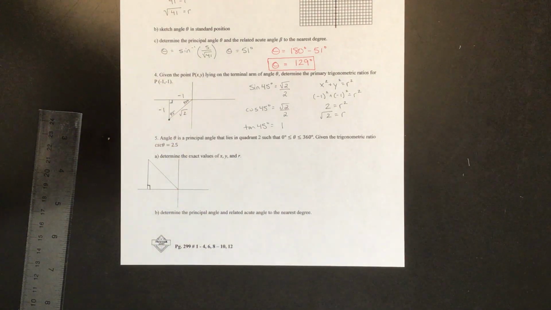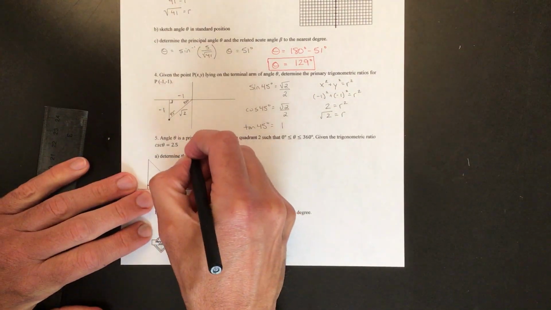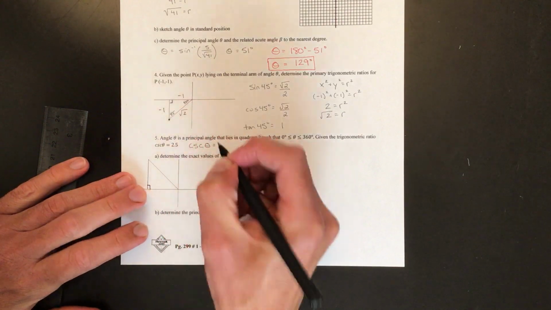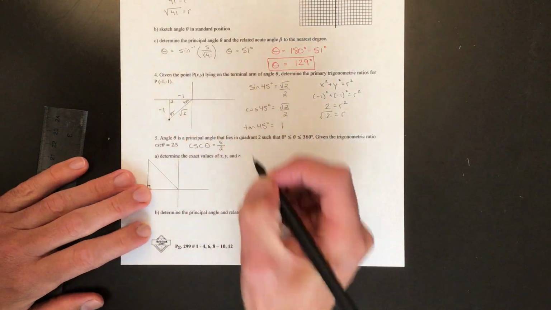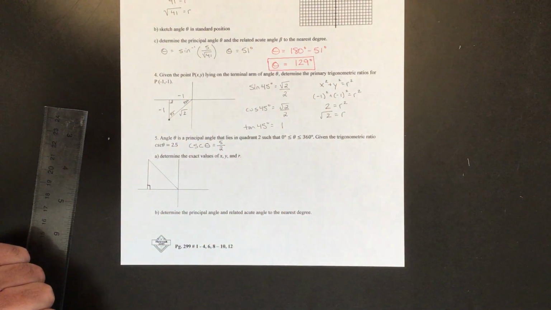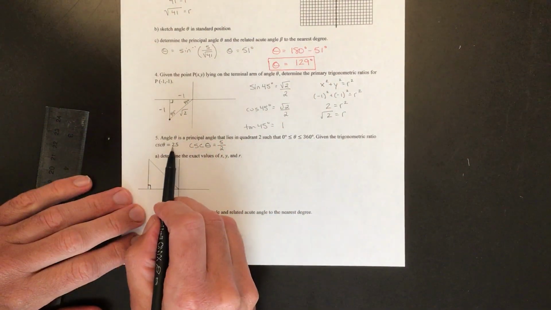I have nothing. So what we need to do is get rid of that decimal. So 2.5, we're going to convert it into a fraction. So if we do that, CSC becomes 5 over 2. Right? Because that's 2.5.